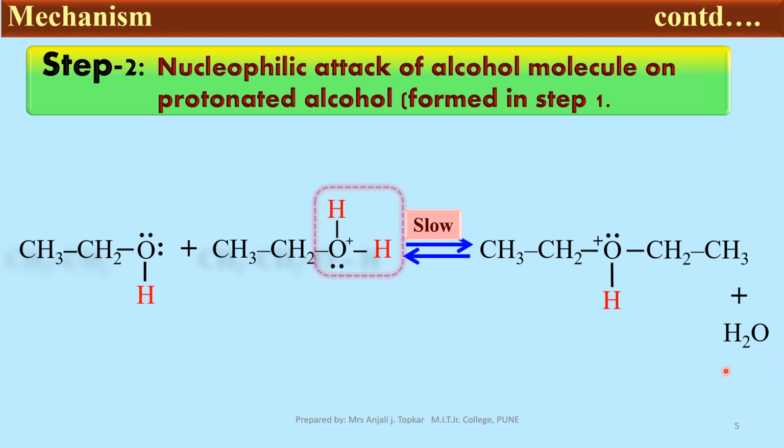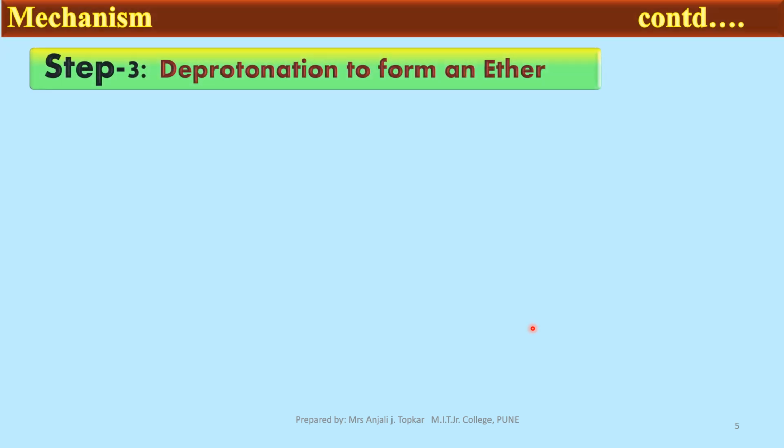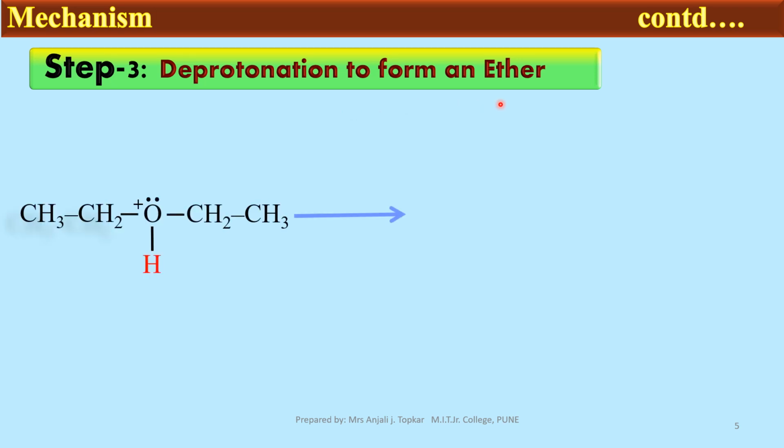In the third step, deprotonation to form an ether is seen. The product formed in the second step, it is found that this hydrogen atom gets removed, and this is a very fast step, giving rise to formation of ether due to breaking of OH bond.